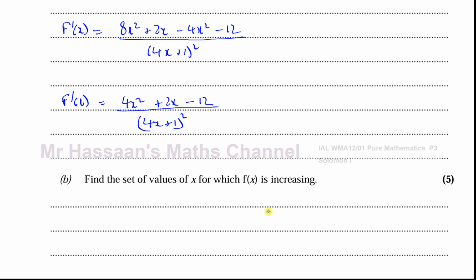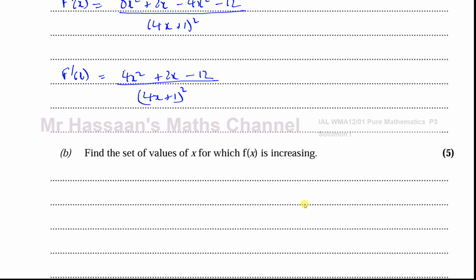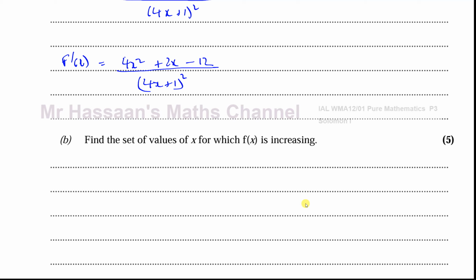Now for part B, it says find the set of values of x for which f of x is increasing. The set of values for which f of x is increasing is basically the values for which the curve is going upwards. It's going to be increasing when its gradient is greater than 0, if f dash of x is greater than 0.